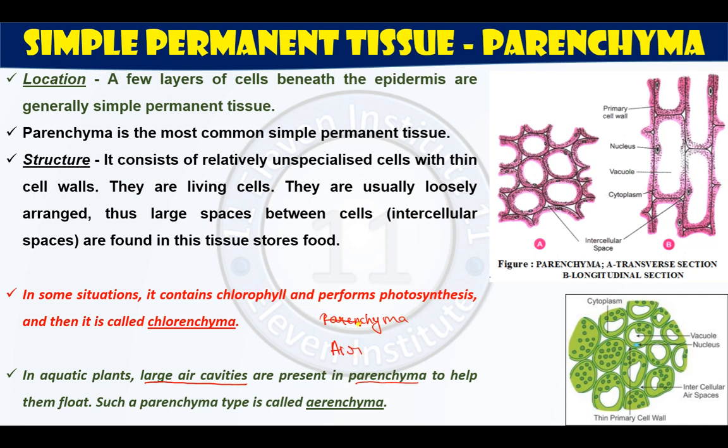So instead of this parent word, we will use the word air, and it will give us aerenchyma. So if there are air bubbles present inside the parenchyma, then such a tissue is known as aerenchyma. Instead of parenchyma, we use the word aerenchyma, where this is generally found in aquatic plants.